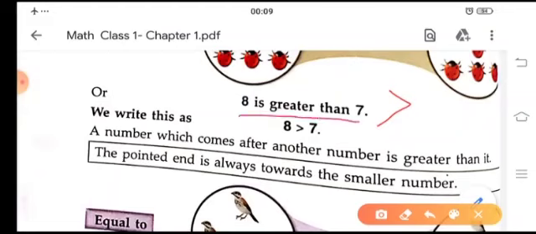That means, as I told you earlier, children, your brother is having 5 toffees and you are having only 4 toffees. That means your brother is having more toffees than you. Okay, similarly here also 8 is bigger than 7. So 8 is greater than 7 and we'll use this sign.